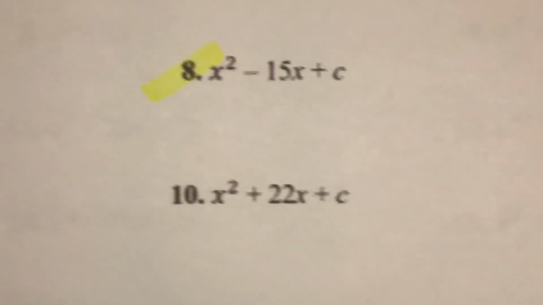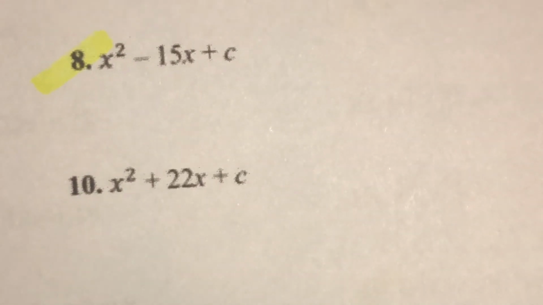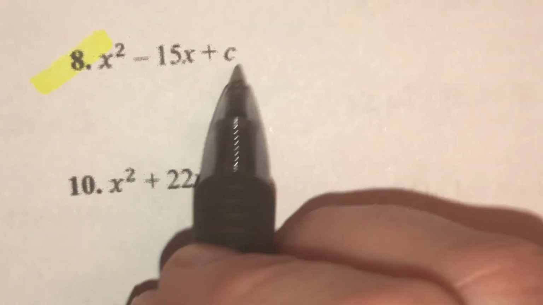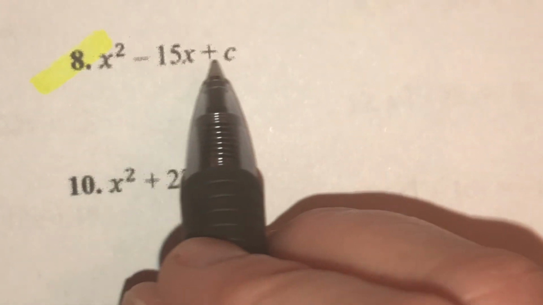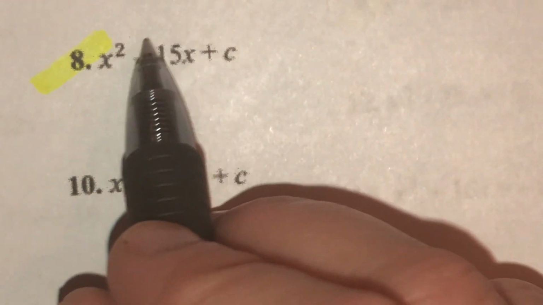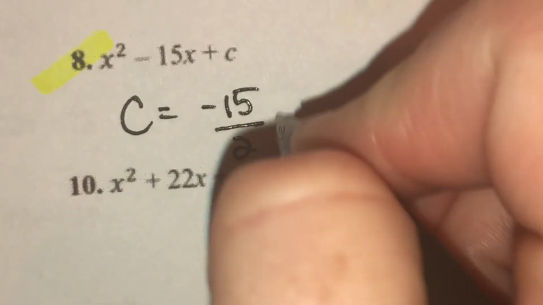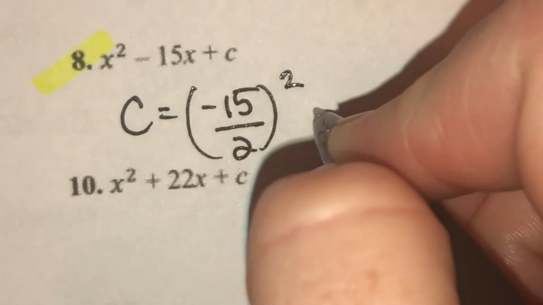Okay, next one. Let's do number 8. They're all the same, so I don't want to waste time doing too many. Okay, same thing. We got to figure out what C is for this to be a perfect square trinomial. So to find C, I have to divide the middle term by 2, square it, and that's my C value. So C equals negative 15 divided by 2 squared.